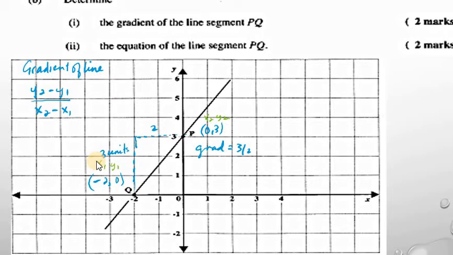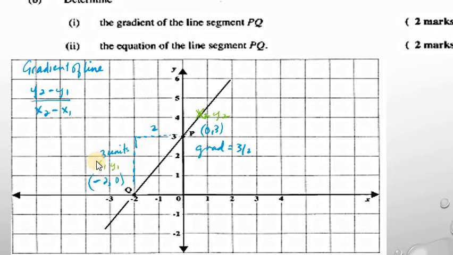Notice if this is x1, the y coordinate must be y1, not y2. And over here x2, y2. And continue now into the formula.